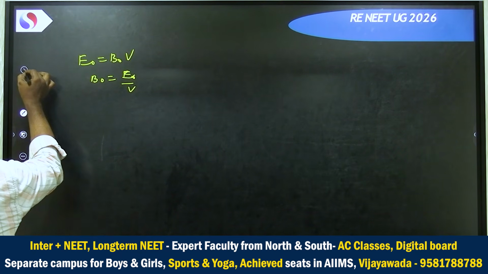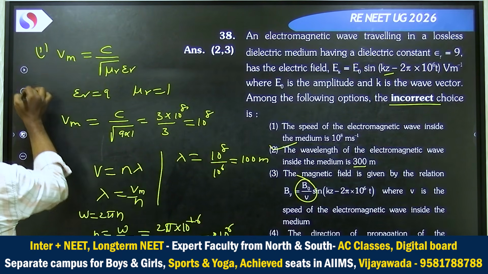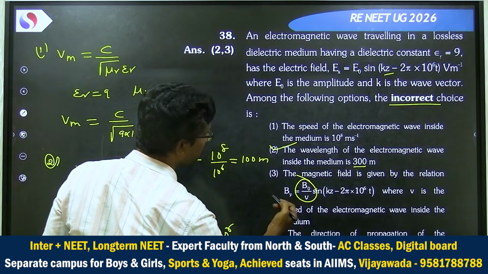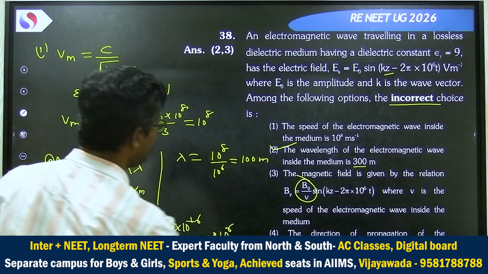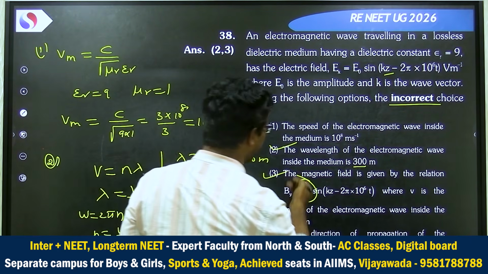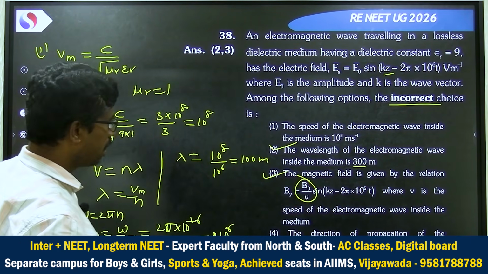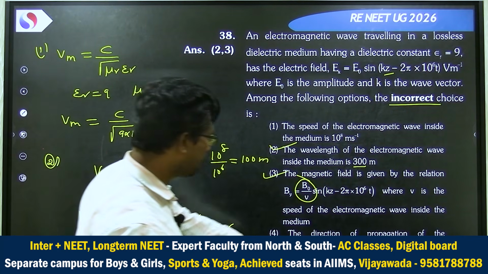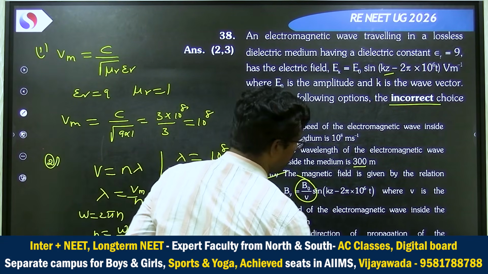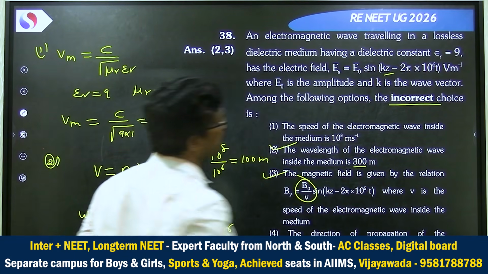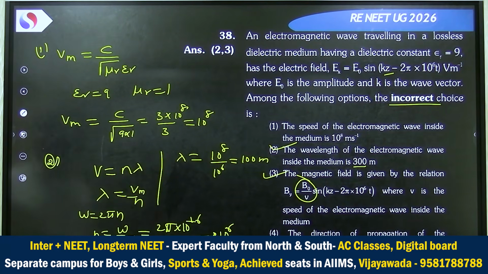That's why this answer is wrong, and we have to put the incorrect answer. The last one, the direction of propagation of the electromagnetic wave is along the z axis, is a correct answer, and here we are asking for the incorrect answer. Okay, next question.